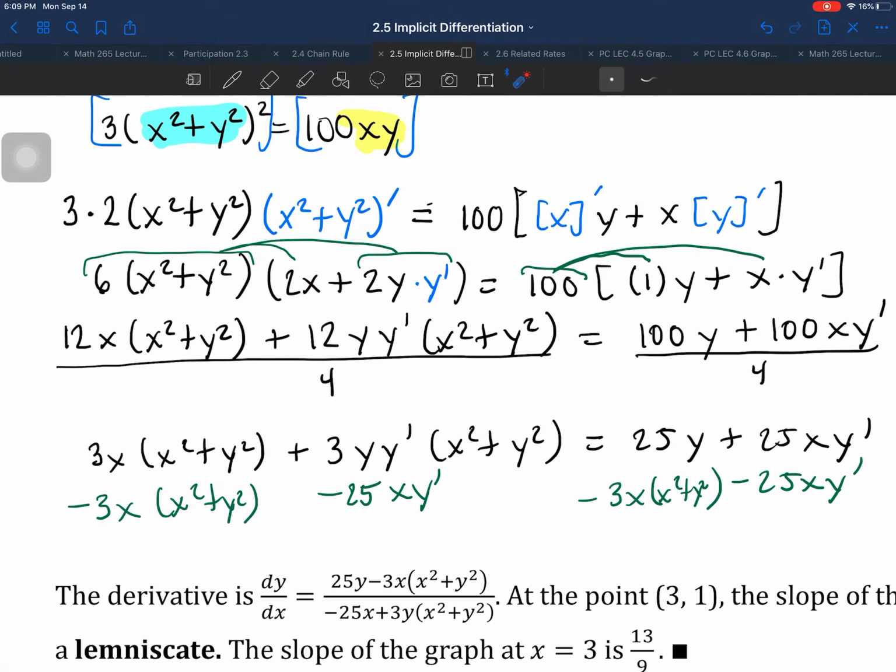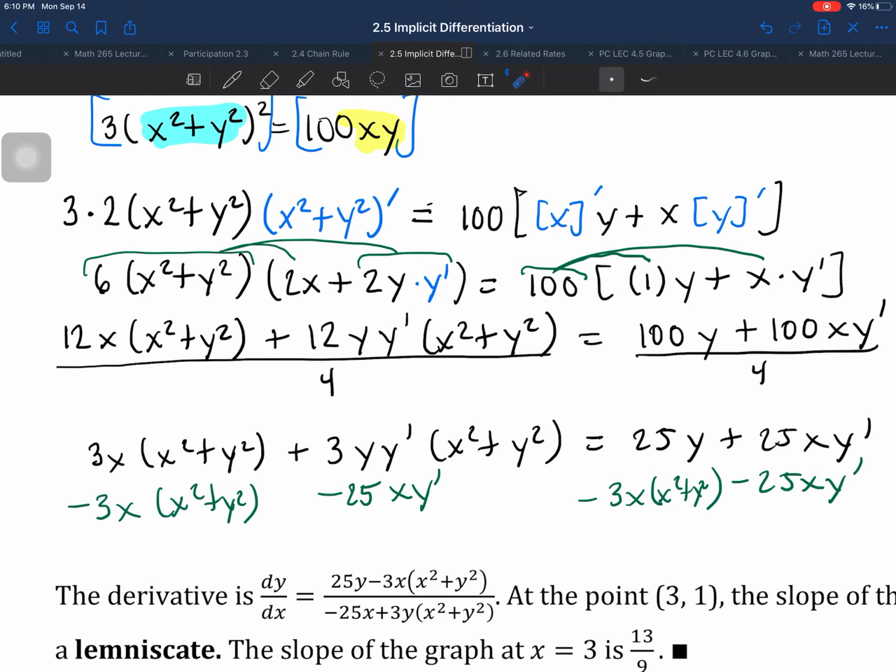Plus the derivative of y squared. We're going to treat y as a function, so we have to use the chain rule. Bring down the 2, leave the inside as it is, and multiply by the derivative of the inside. That's why this flows out in the process. For this part, we have the 100.